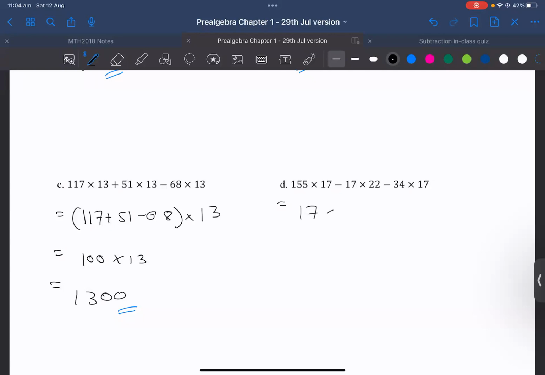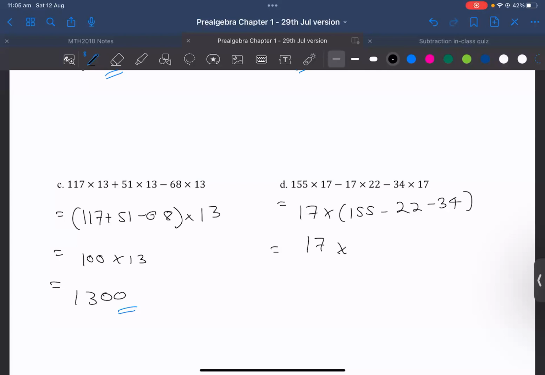Yeah. When we take it out, 5 minus 22 minus 34, and 70, and if you simplify this, 155 minus 22 minus 34, what do you get? 99, right? 1683.